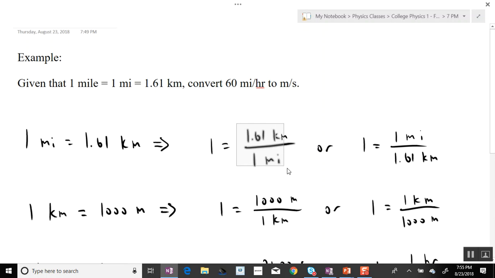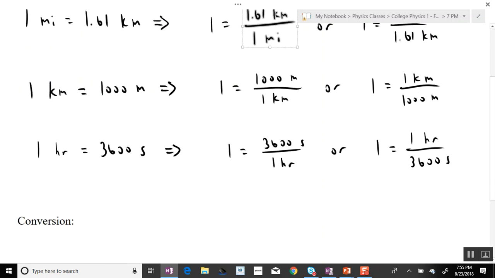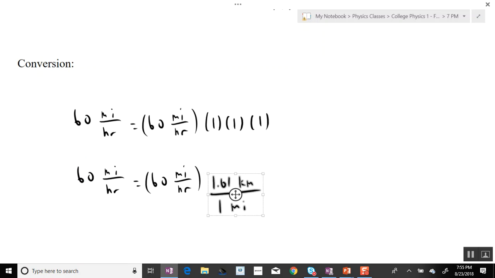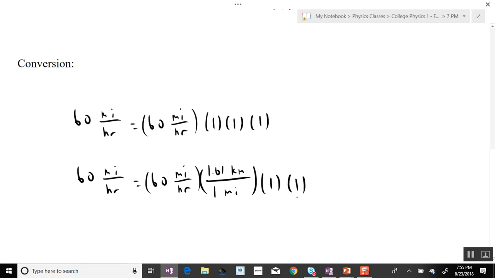The first one, because that has miles in the denominator, right? I haven't done anything with the other 2 ones. They're just there. So I'm going to color code it, right? So that cancels that, right? So what do I have now? I have kilometers divided per hour. So kilometers per hour. So if I multiply 60 times 1.61, that gives me the conversion to kilometers per hour.